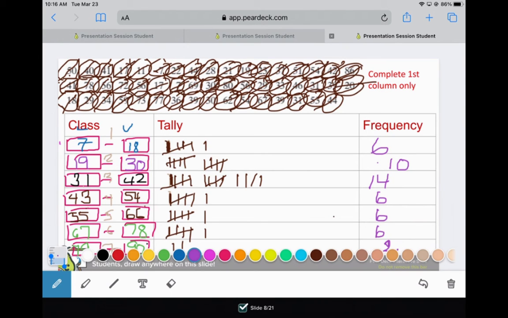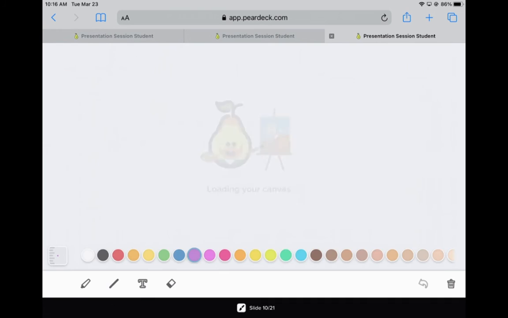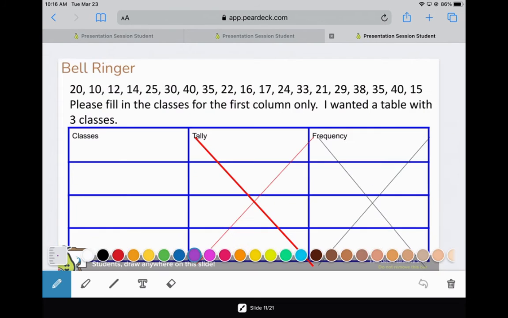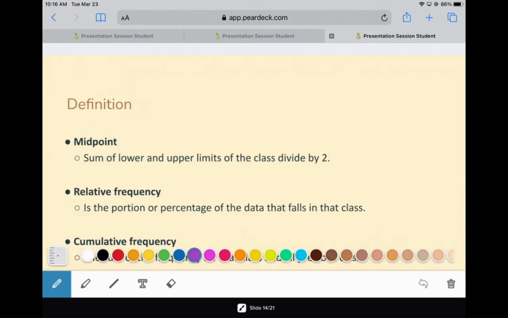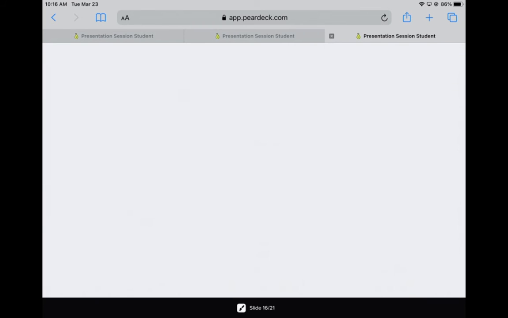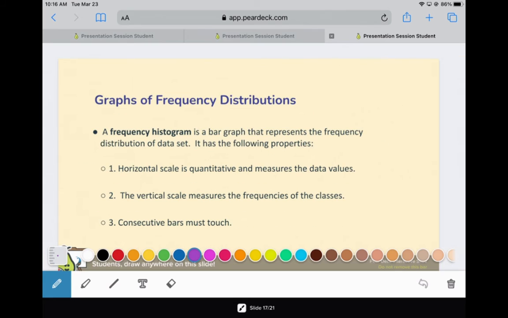Okay. All right. So what we're going to do is move to the next thing that I want to cover with you, which is a frequency histogram. And next time when we see each other, we're going to talk about cumulative frequency.